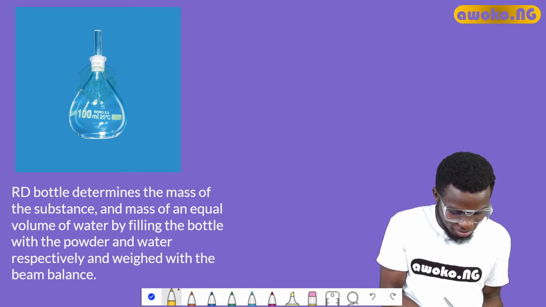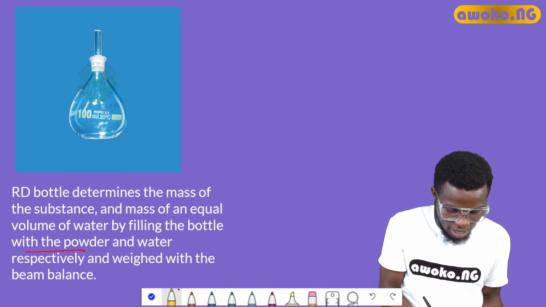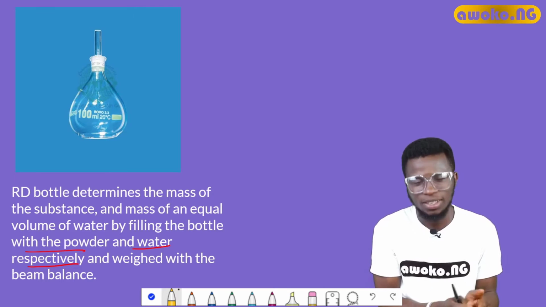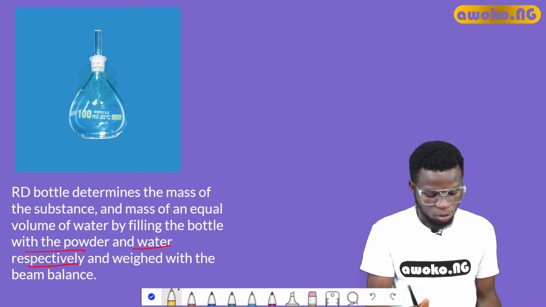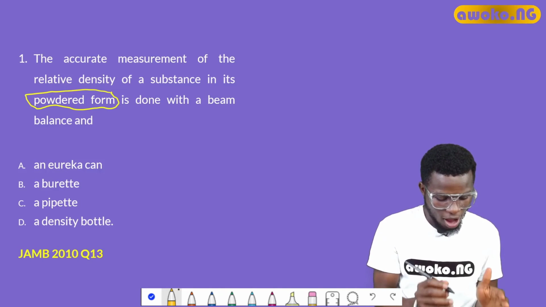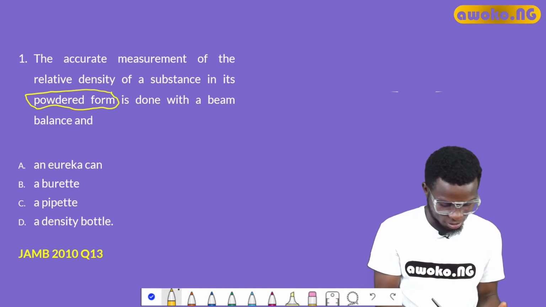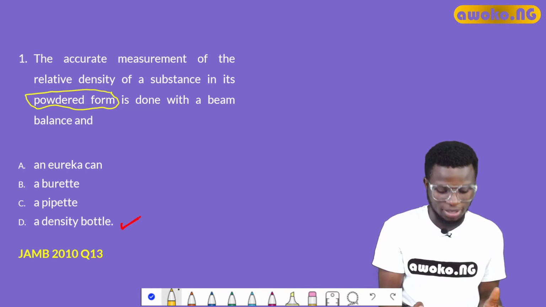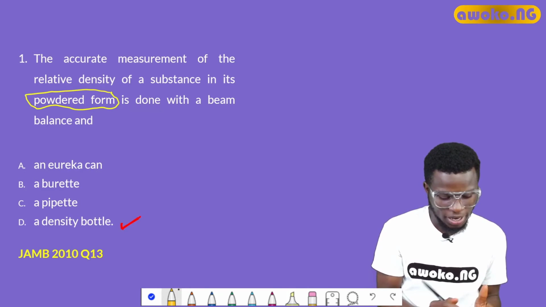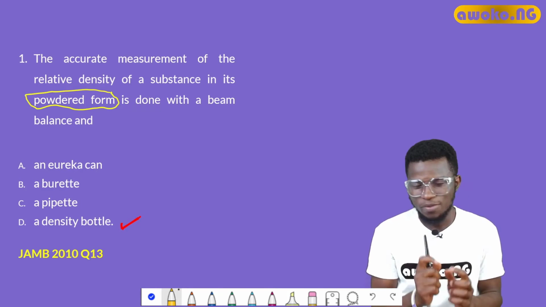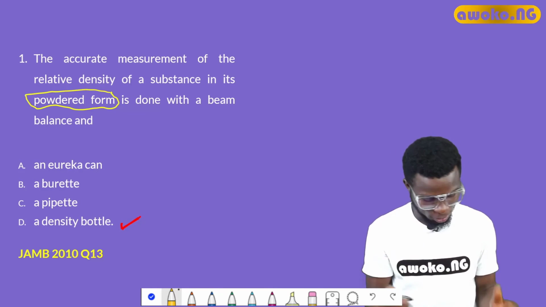We fill it with the powder and the water respectively, and weigh with a beam balance. So going over to the question, we have our answer already, which is the relative density bottle. So the final answer for question number one is relative density bottle.